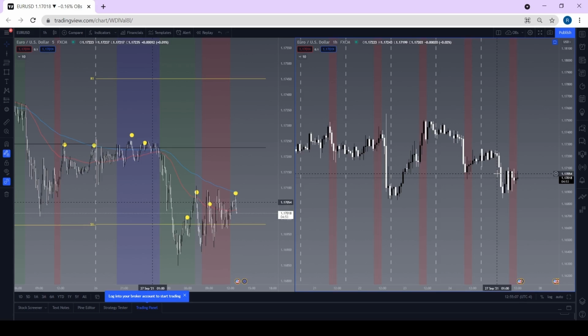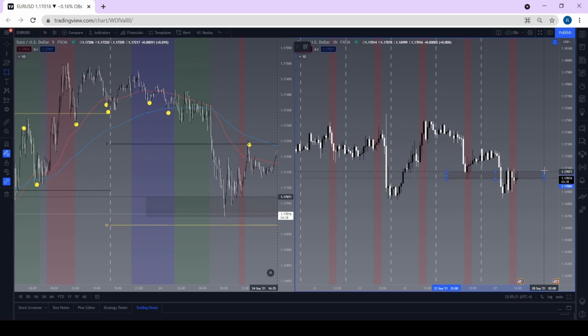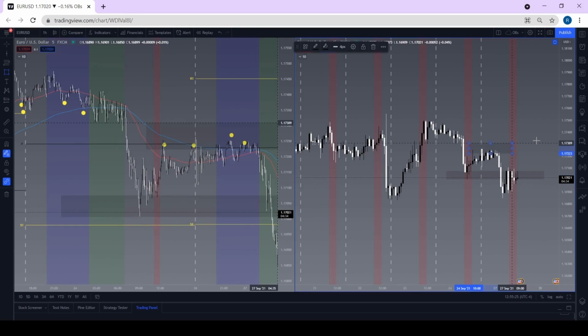The next thing we would have to do is pick an area where the market would most likely reverse, and it's more or less that history repeats itself. The first area of reversal would be this highlighted area right here, and the second area of reversal would be this highlighted area right here.